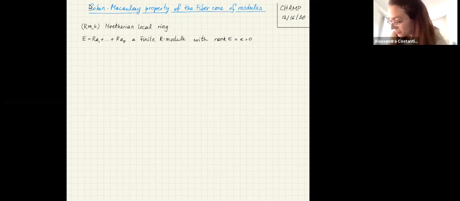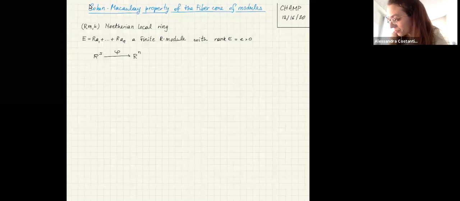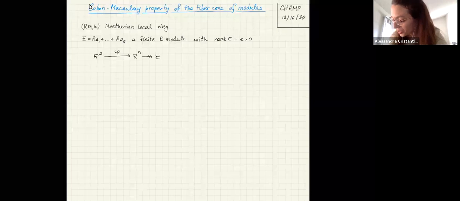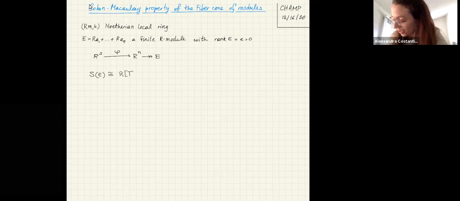So in this setting, let's say that we have a presentation of this form for our module. Then, given this presentation matrix, we can define the symmetric algebra S of E as the quotient ring of R. We adjoin as many variables as the number of generators, and we go modulo as many linear forms as the cardinality of the domain.